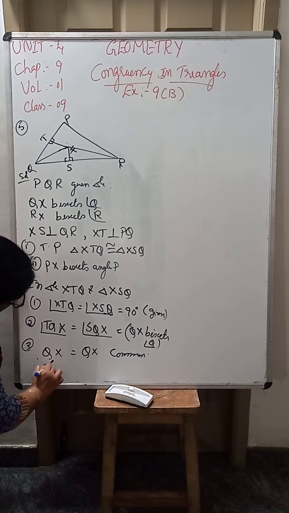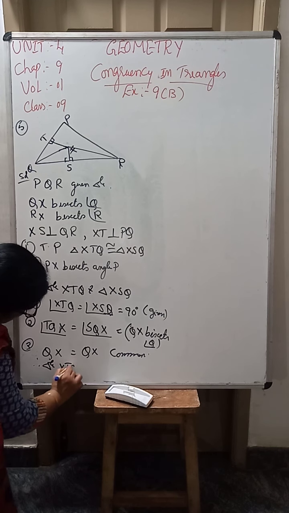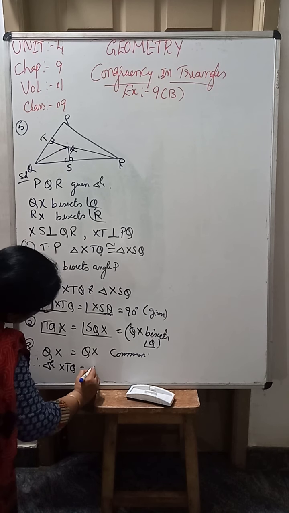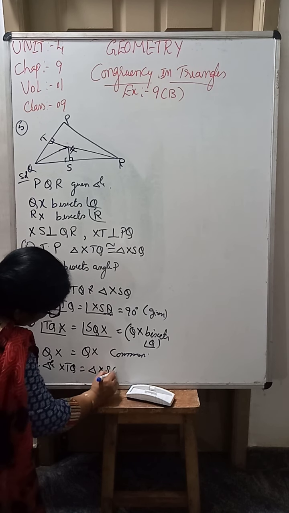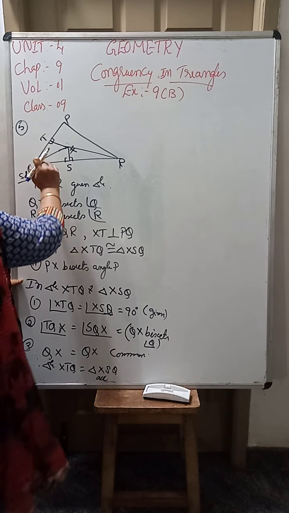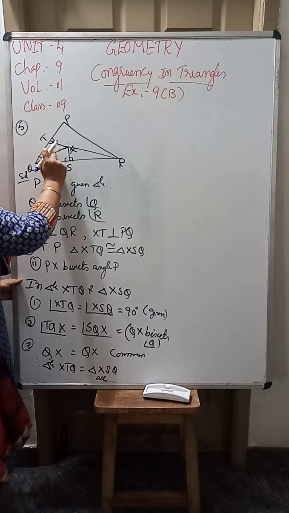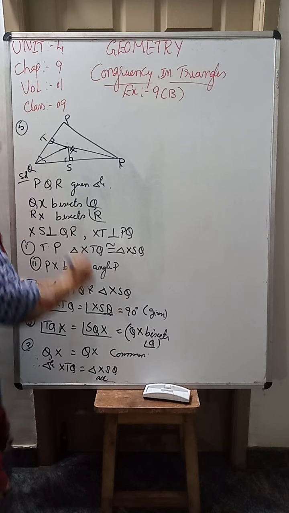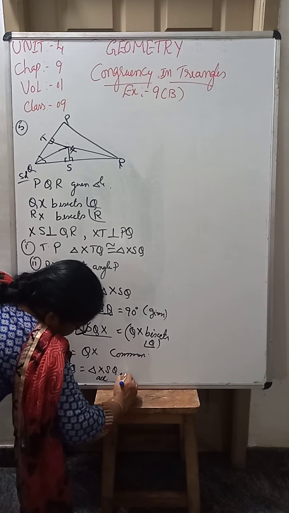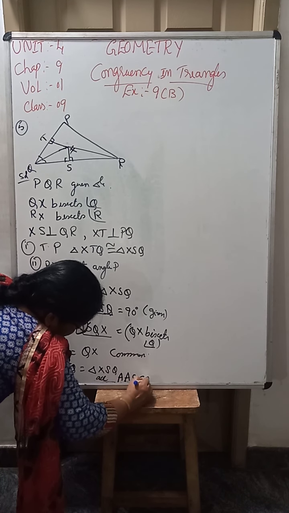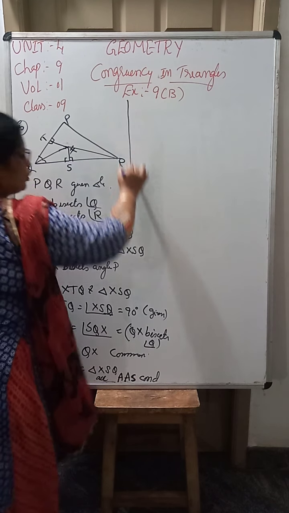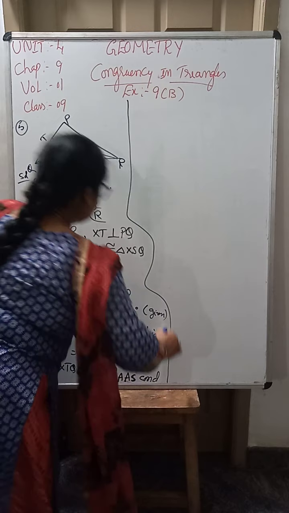Therefore, triangle XTQ is congruent to triangle XSQ according to the angle-angle-side, AAS condition.